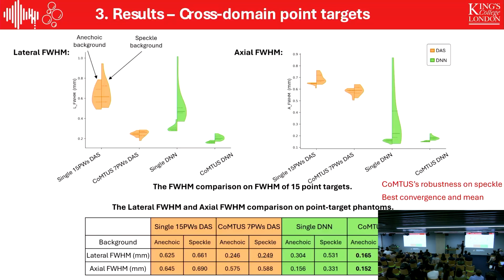So we can see that COMTOS provides extra robustness on speckled background. And we can conclude that the COMTOS plus deep neural network datasets perform overall better among them.